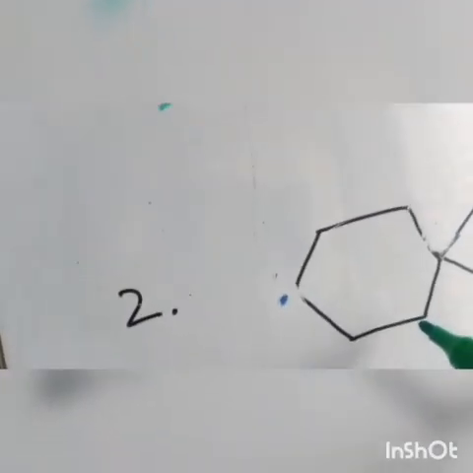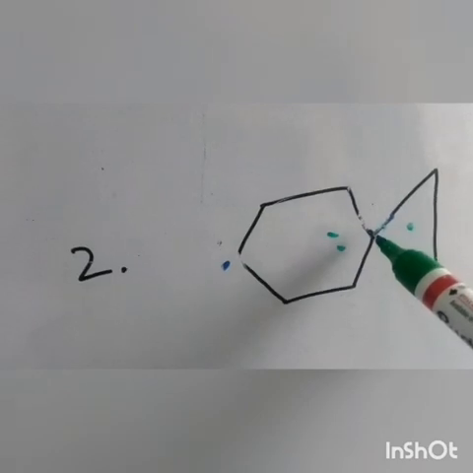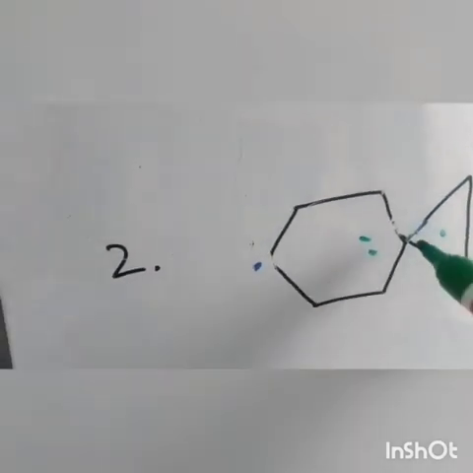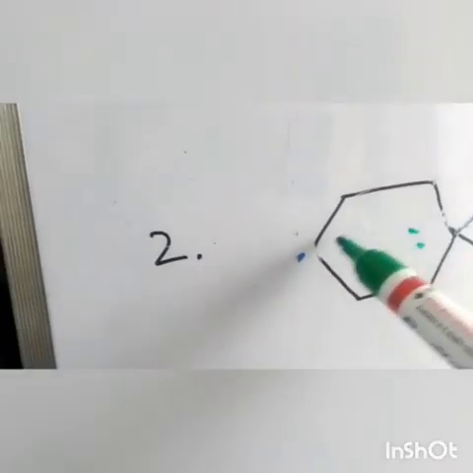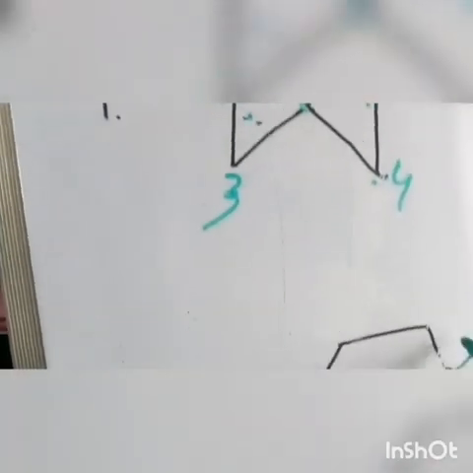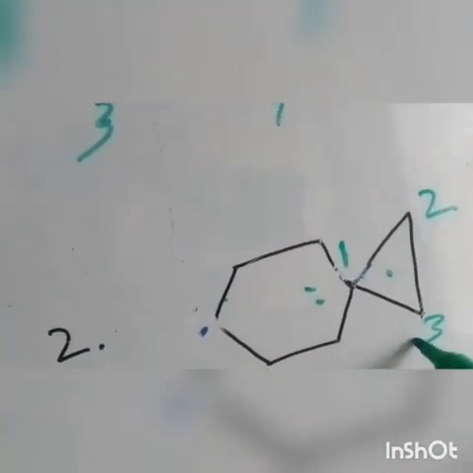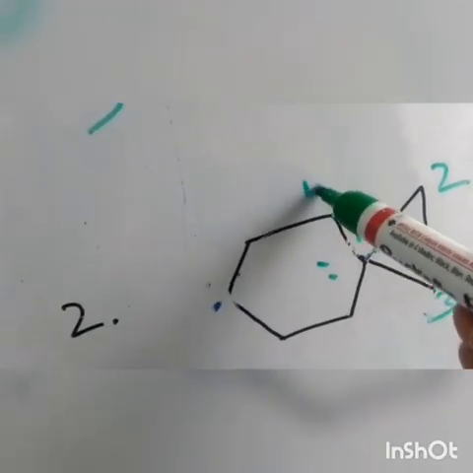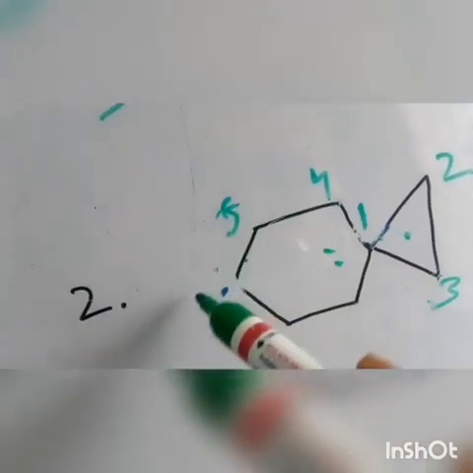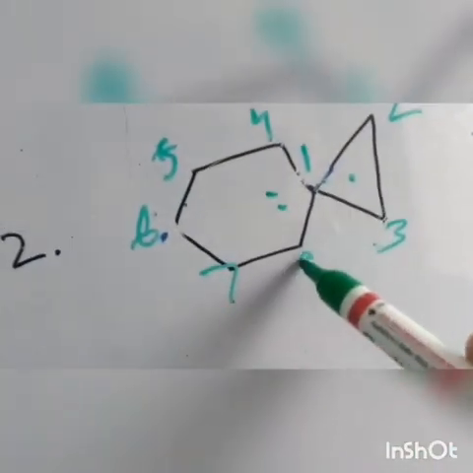And this is another spiro compound, 2 rings fused at this carbon atom, and this ring contains fewer carbon atoms than this ring. So we shall start here: 1, 2, 3, 4, 5, 6, 7, 8.